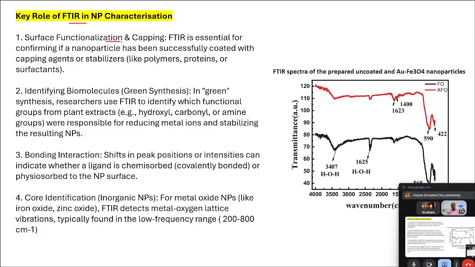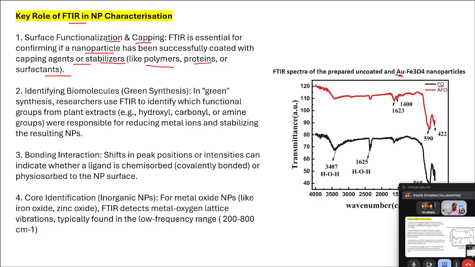Now, what is the role of FTIR in nanoparticle characterization? First, surface functionalization and capping. FTIR is essential for confirming if a nanoparticle has been successfully coated with capping agents or stabilizers, like polymers, proteins, or surfactants. If you see here, this black spectrum is for the simple iron oxide particle, but this red one is when these Fe3O4 nanoparticles have been coated with gold.